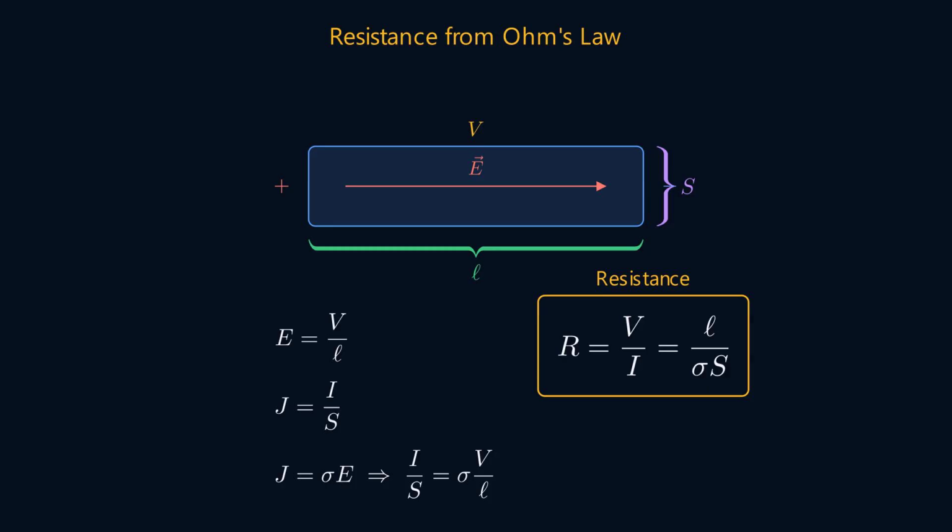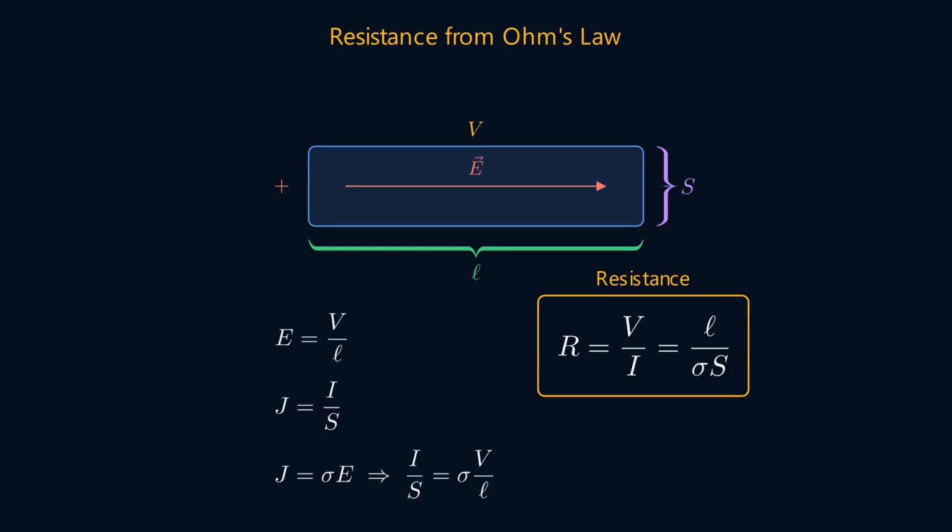The electric field inside is uniform, E equals V over L. The current density is J equals I over S. Substituting into J equals sigma E, I over S equals sigma times V over L. Rearranging, V over I equals L over sigma S. This gives us the resistance, R equals L over sigma S, or equivalently, R equals rho_C times L over S, where rho_C equals 1 over sigma is the resistivity.